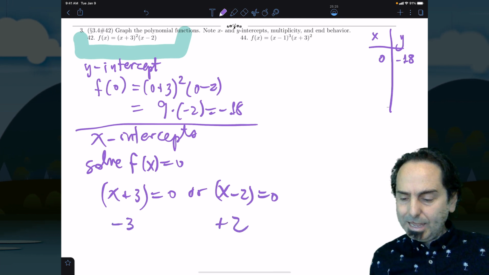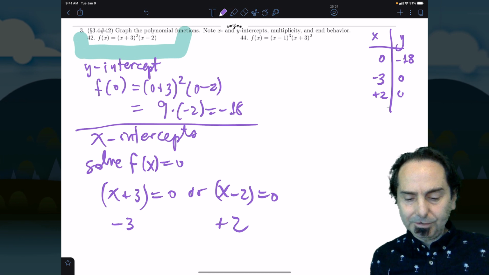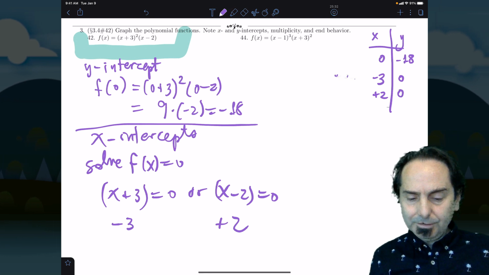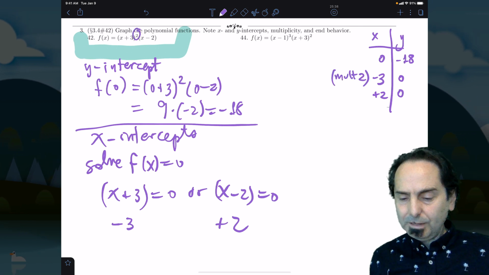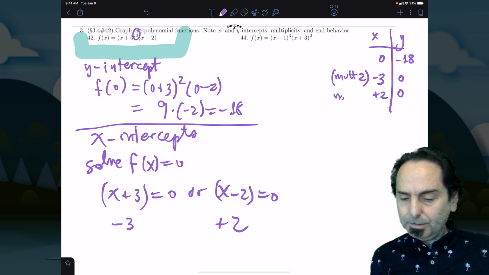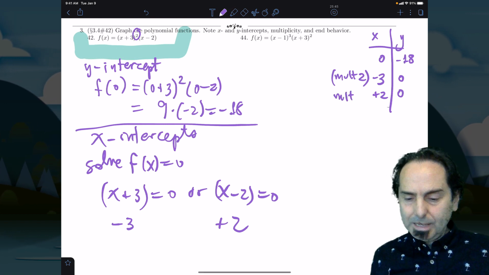Those will be x-intercepts. I want to point out that the multiplicity is 2 for negative 3 because of that exponent of 2, but the multiplicity for positive 2 is just 1. So that's a simple root.